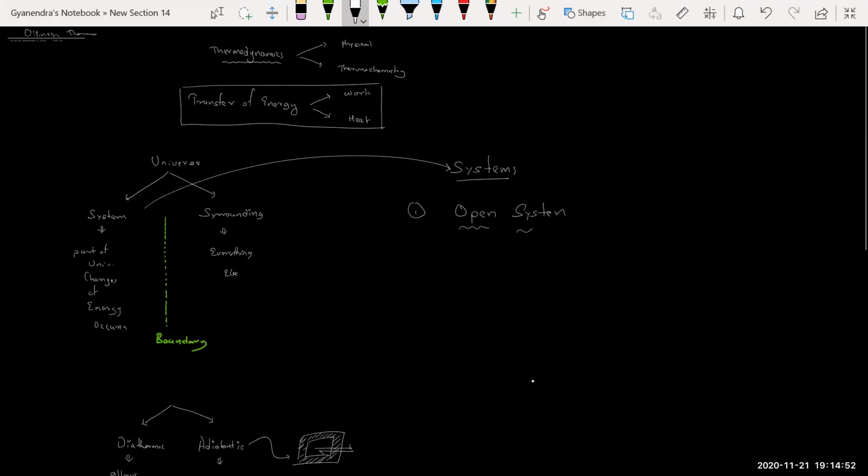Now, an open system is like when you are trying to boil some water, Dinesh. The water that you have in the container will start getting heated up, right? Slowly, it will start getting heated up. And in this process, you're exchanging two things. One is you're transferring heat, you're transferring energy.